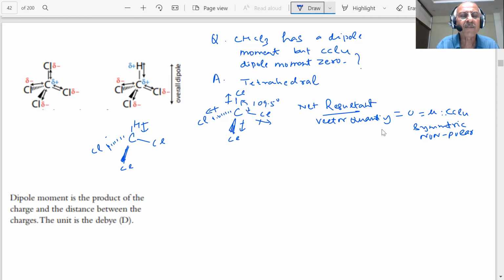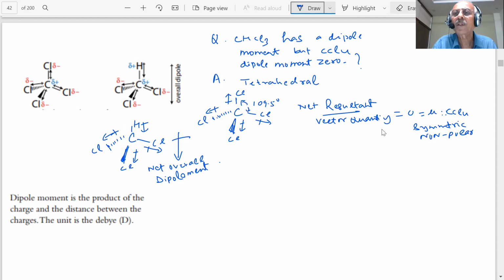Carbon is more electronegative than hydrogen. Cl is more electronegative than carbon. So there will be a net overall dipole moment. Is it clear? Yes, sir.